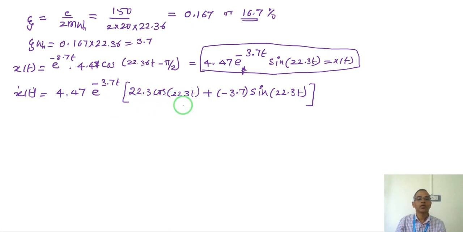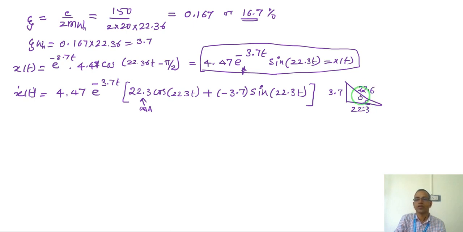Then it looks like the form of cos A cos B minus sin A sin B, so converting that in terms of sin and cos. I know how to convert that. I am thinking of this as a cos A. That means this 22.3 is the base, and this sine side is 3.7. So I can get the hypotenuse as 22.6.